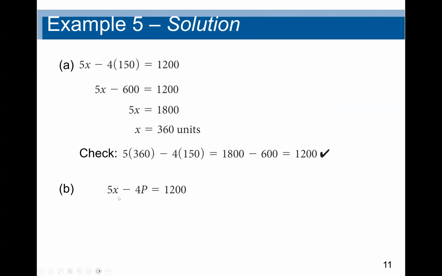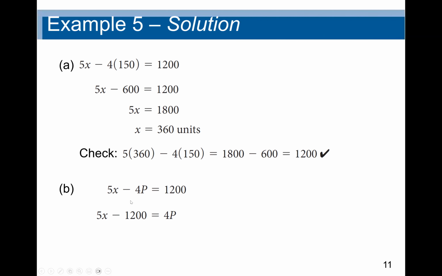Now B, we have 5x minus 4p equal to 1200, and they told us to solve for p in terms of x. So first thing we do here, we cancel the 1200 on the 4p side. 5x minus 4p equal to 1200 is the same as saying 5x minus 1200 equal to 4p. We change the position.